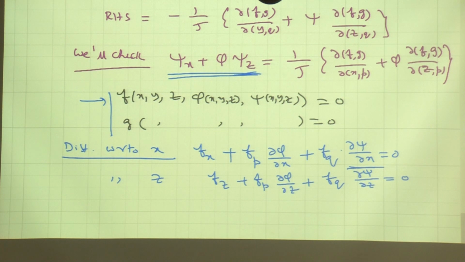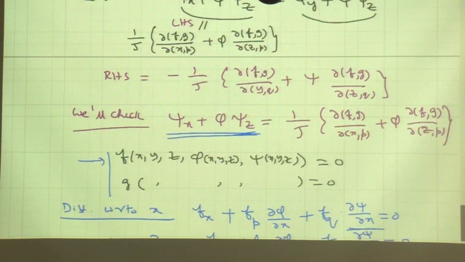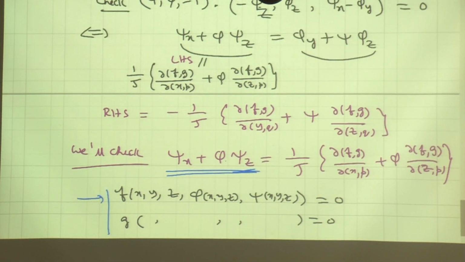So please go through the computation at home. The idea is, I already explained, to get that bracket equal to 0 by showing that this LHS is this, RHS is this.